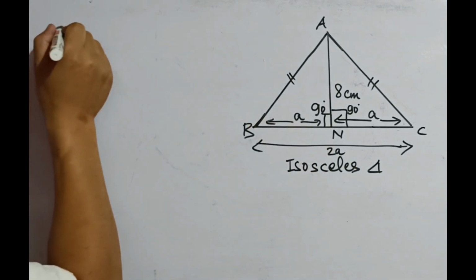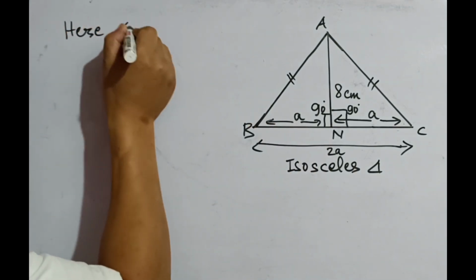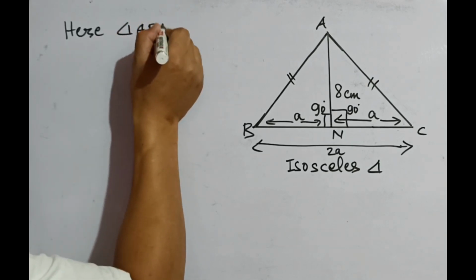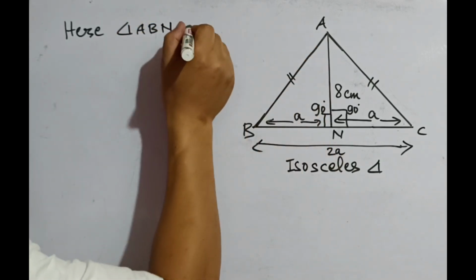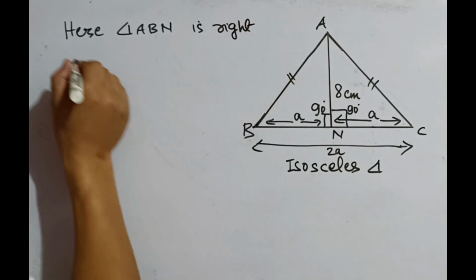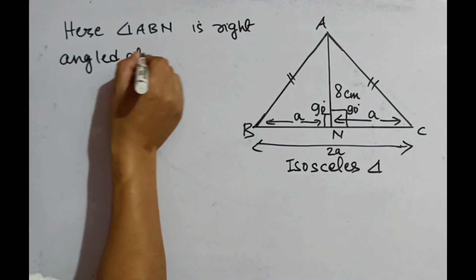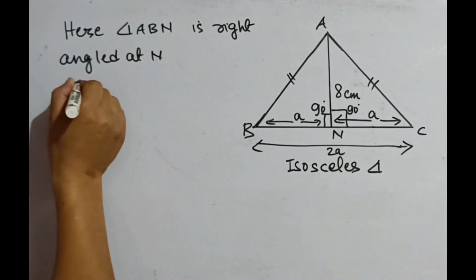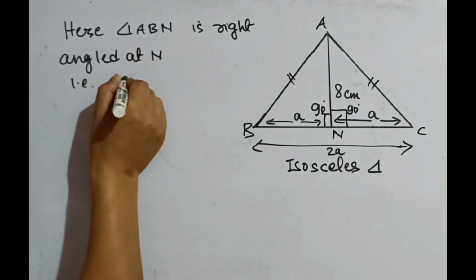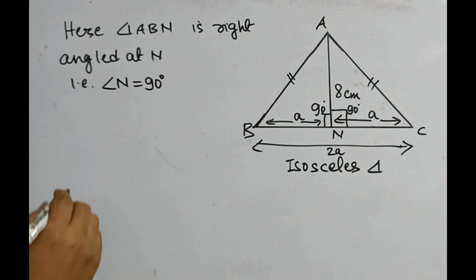Let us consider the triangle on the left hand side, triangle ABN. In this triangle, angle N is 90 degrees, so we can say that the triangle ABN is right angled at N.